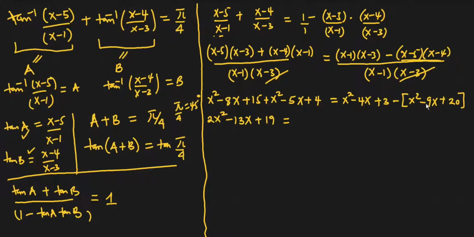If we open up here, this becomes plus 9x, and the negative 4x, that becomes 5x on the other side. And then if we open up here, it will be minus 20, and a positive 3, that goes to minus 17.